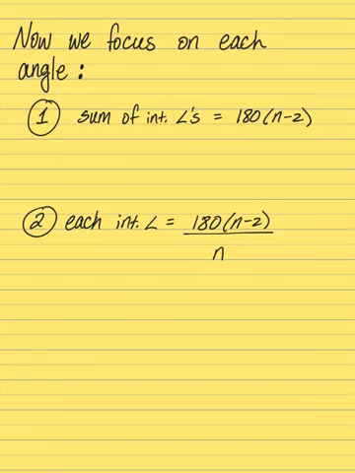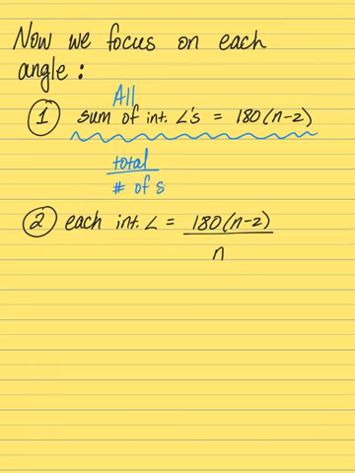Now we will focus on how to find each individual interior angle. And again, we begin with our sum of the interior angles is 180 degrees times n minus 2, where n is the number of sides. Well, if this represents all of the angles, then in order to find each of the angles, I take my total and I have to divide it by the number of sides that are actually present in my polygon.